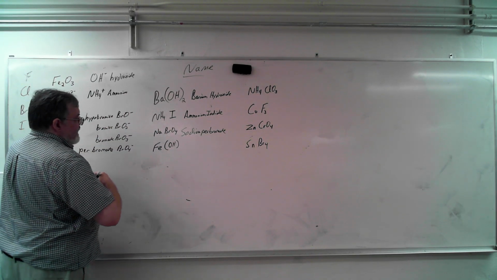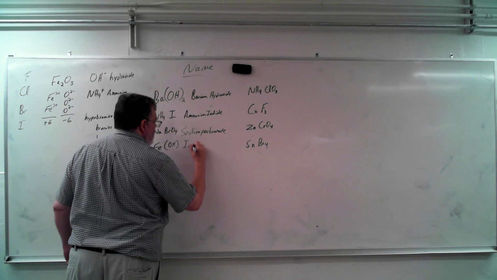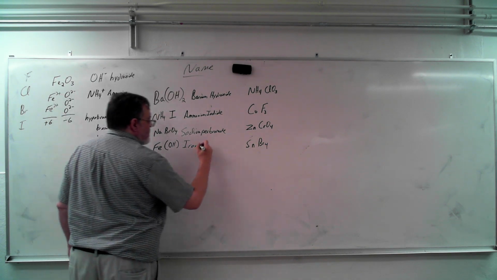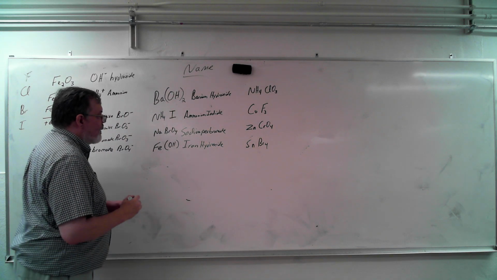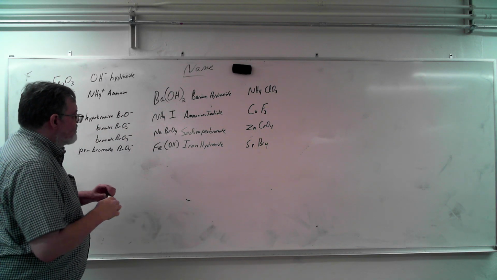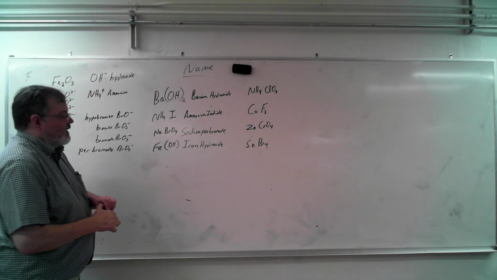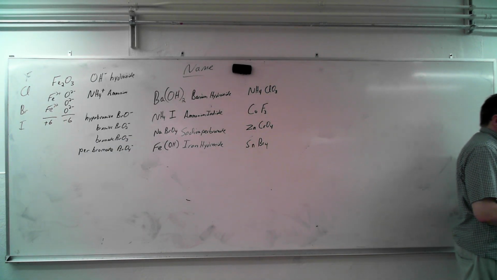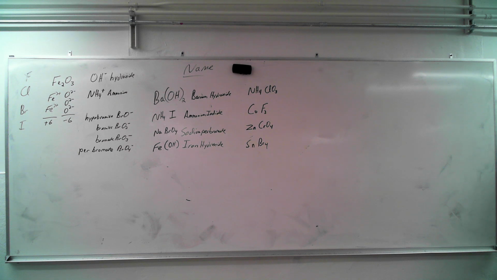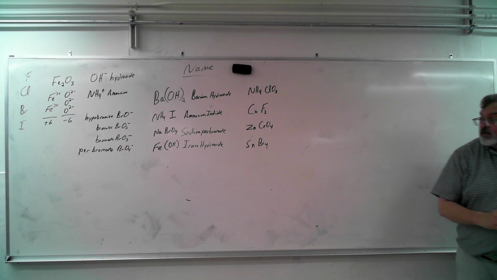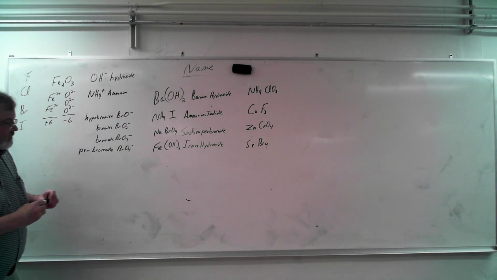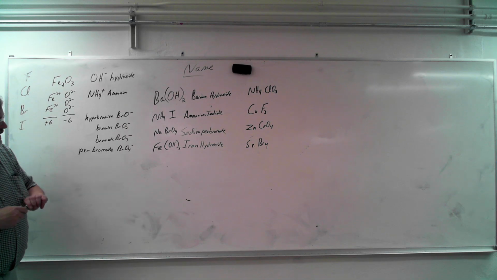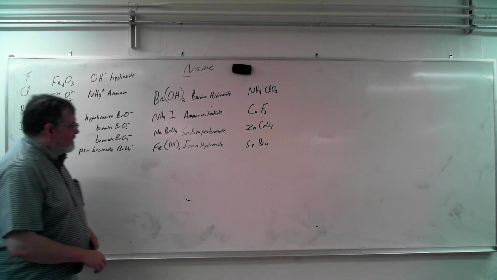This Fe is iron. This is hydroxide, so this is iron hydroxide. Did you say shouldn't it be higher? I think I wrote that down. Fe, yeah. Sorry, this was OH, 3. Oh, yeah.